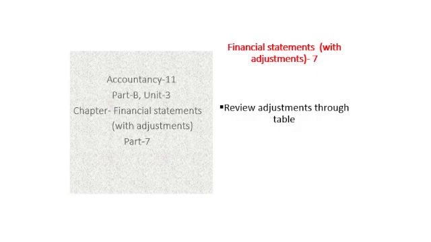But before we start the whole adjustments, one thing I want to make clear. Listen, the previous lesson was financial statements without adjustments, and now with adjustments. First you should know how to take the without-adjustments trial balance into the financial statements, into the one side of the trading, profit and loss, and the balance sheet, and how to place the data.